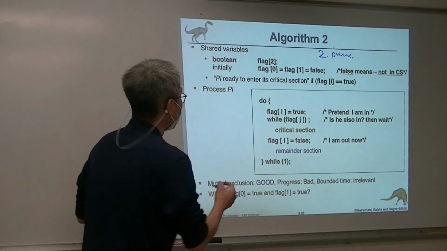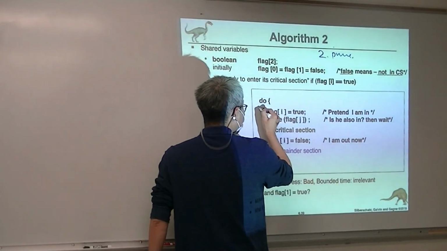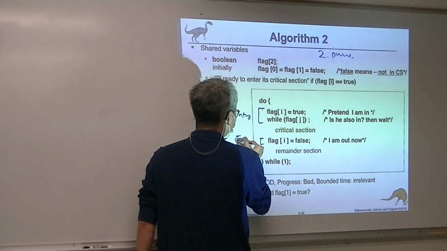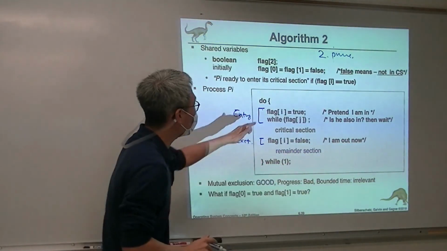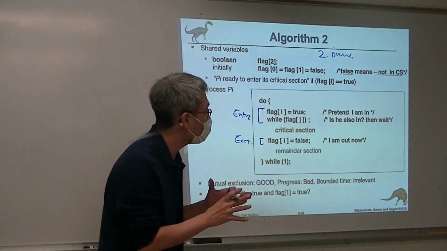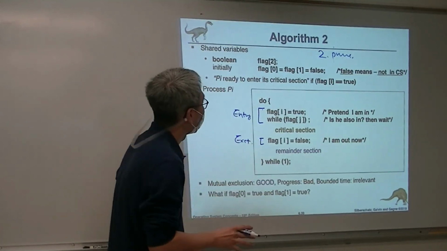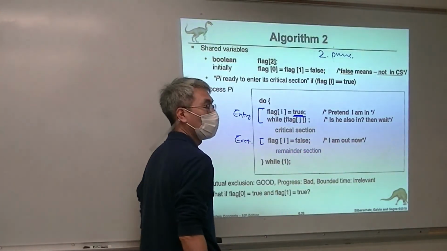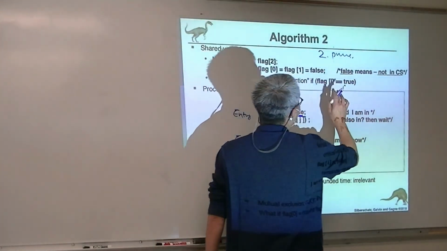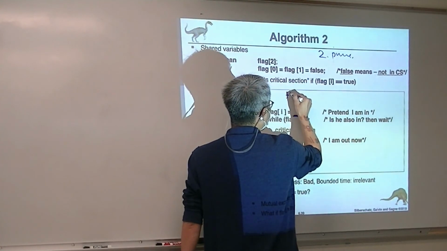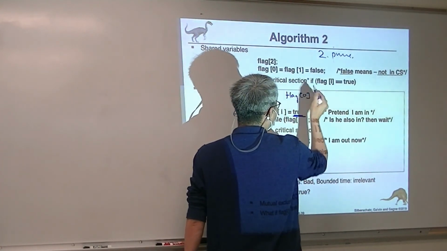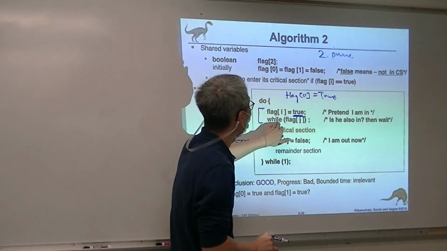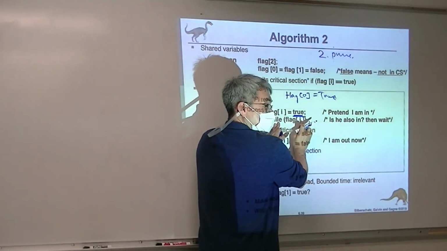Okay? So this is the entry section, and this is the exit section. So in the entry section, if a process is waiting for the critical section, flag true. For example, in the 2 process case, flag 0 will be true. Then we check another process.